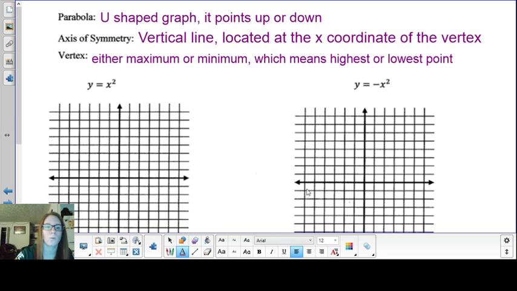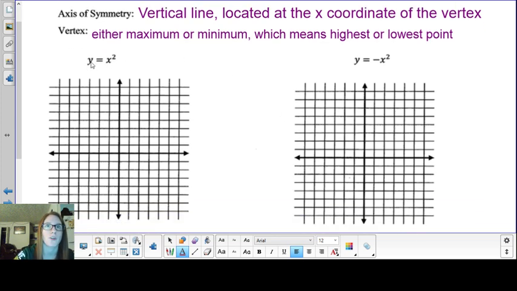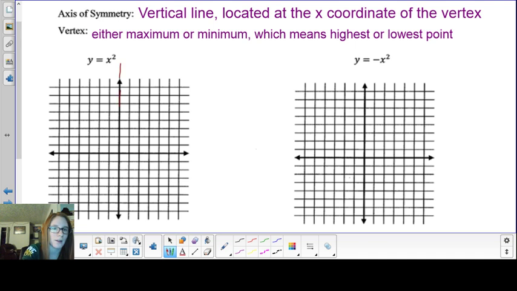Okay, so when I have a basic parabola, there's nothing else going on. There's no linear term, there's no constant term, it's just the quadratic term. The axis of symmetry is going to be centered at the line x is 0. Oh, you cannot really see that.